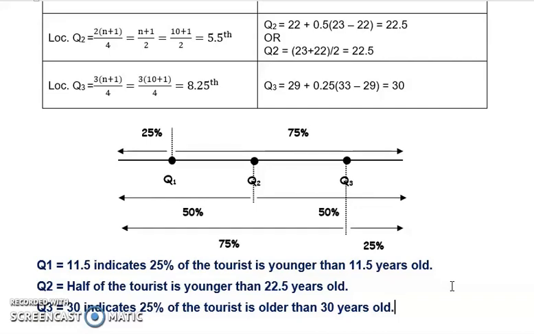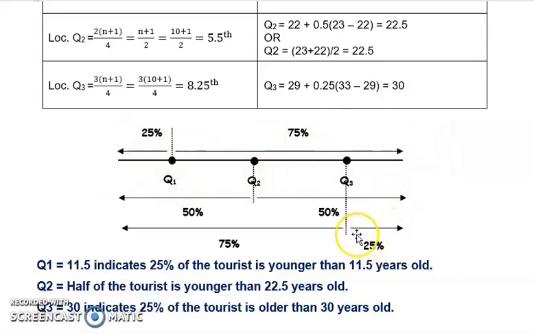For interpretation of Q1, Q2 and Q3, always remember this figure. The center or middle value is Q2, meaning 50% is more than Q2 and 50% is less than Q2. For Q1, the first 25% will be less than Q1 and the other 75% will be more than the Q1 value.